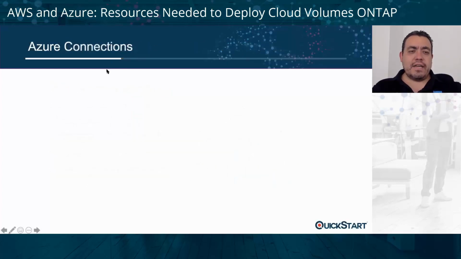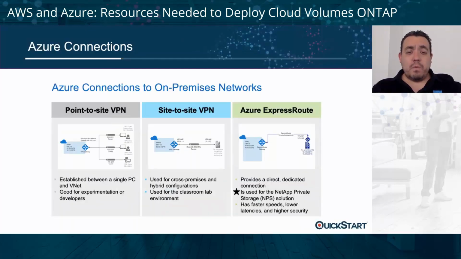So as you can see, guys, here we do almost the exact same steps on both clouds, on AWS and Azure. We enable almost the exact same resources. And then once we create all the resources needed, then we have to choose the way that we are going to connect to the public cloud. You can go with a point-to-site VPN.